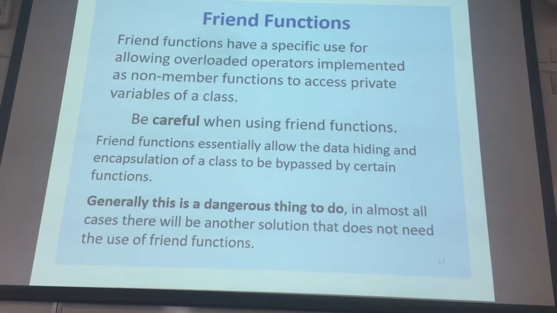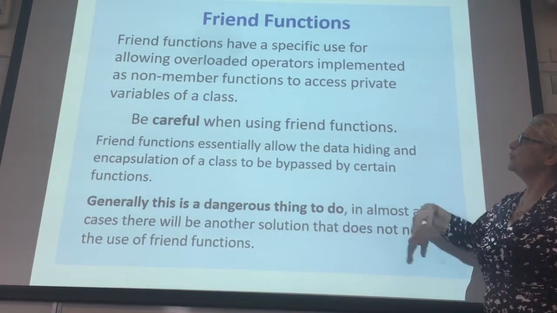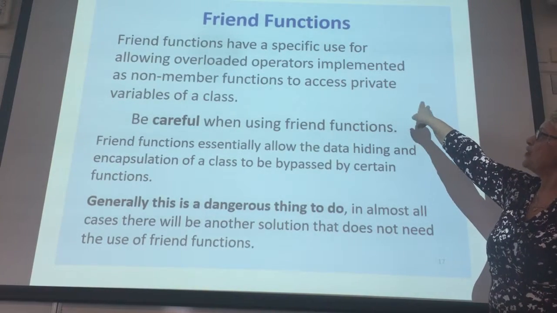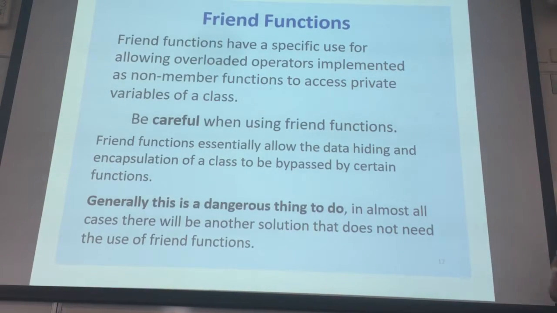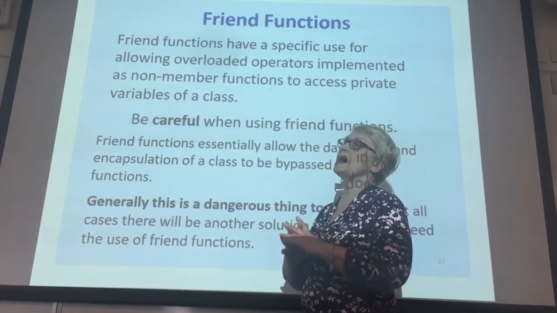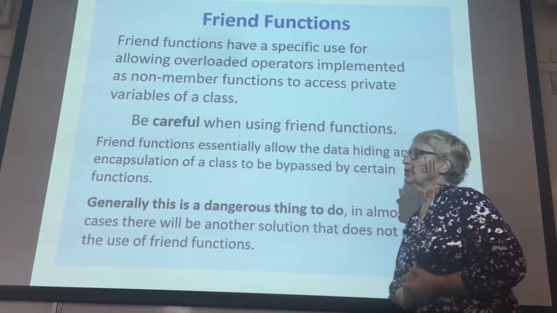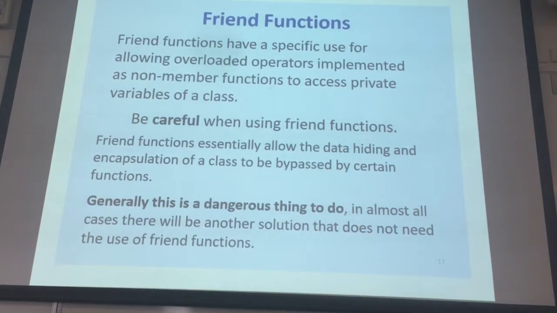Friend functions have the main purpose of allowing implementation of non-member functions which need access to private data of a class. This is friendship, but it has to be accorded with a lot of thinking, and only if you can't do it any other way.